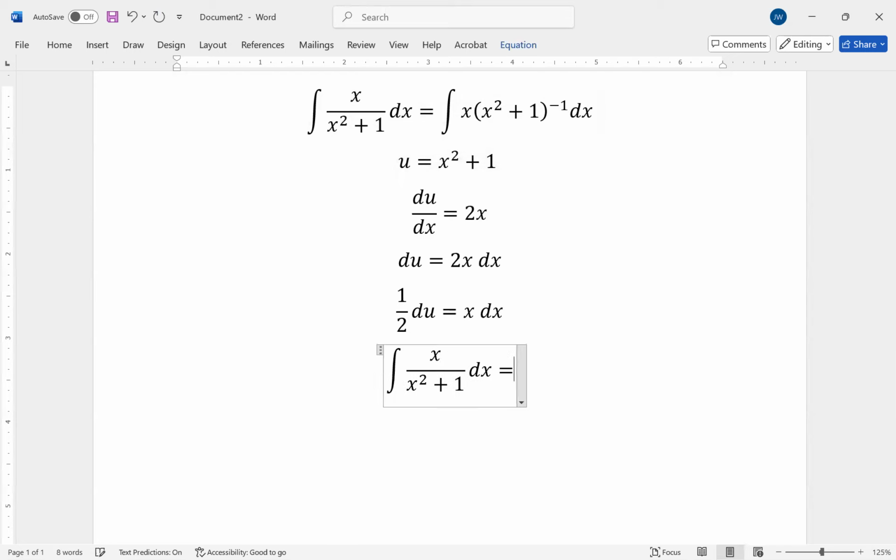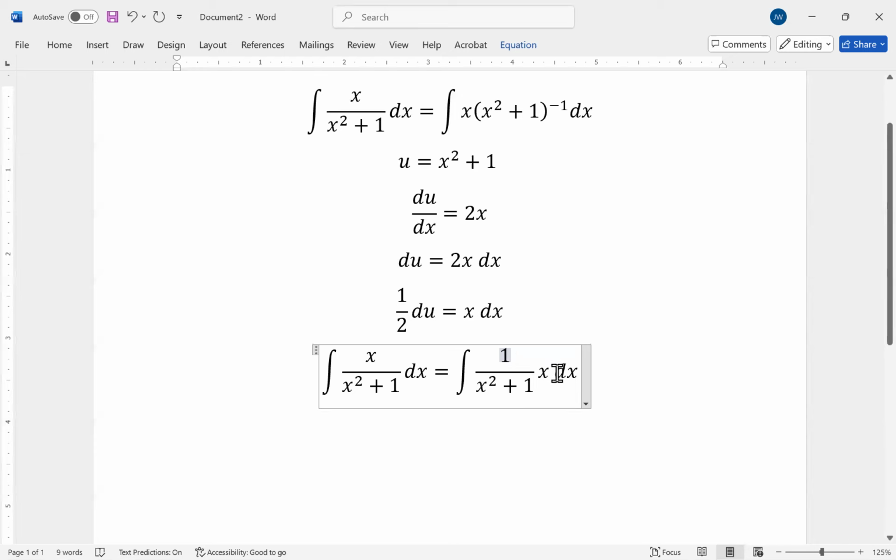So I'm going to rewrite this once again. I'm going to pull the x, kind of pair it up with the dx. If I factor out an x using the properties of fractions, I'll have a 1 on the top. So I'll have 1 over x squared plus 1 times x dx.